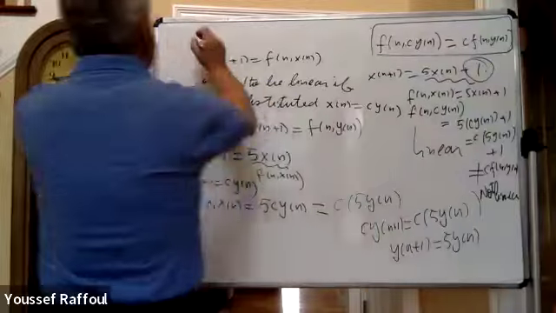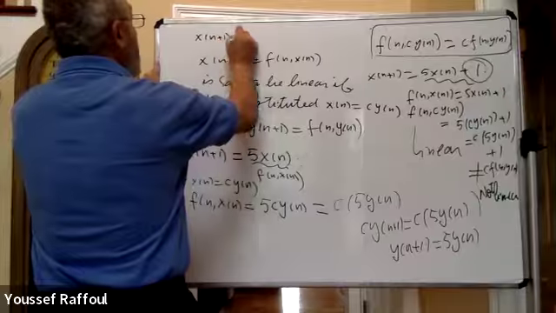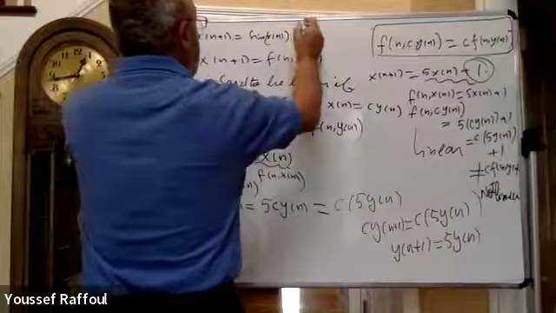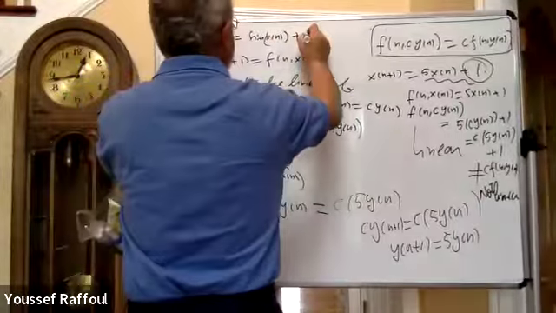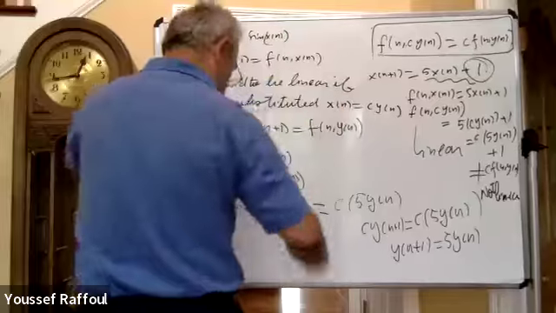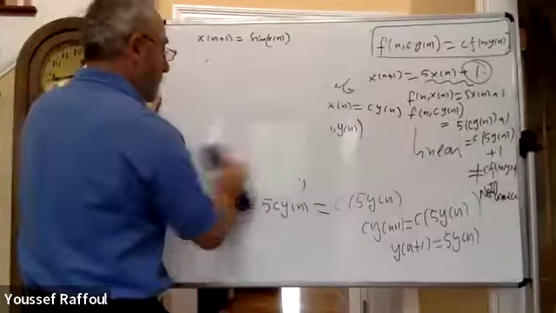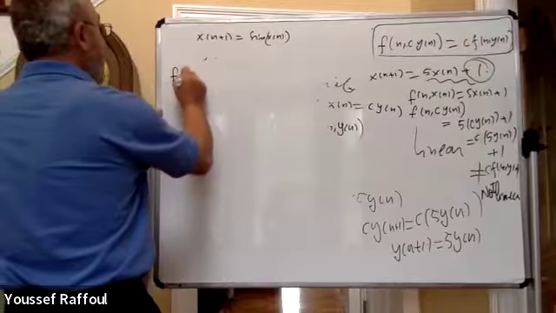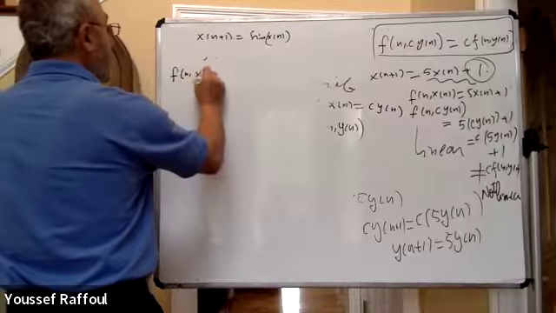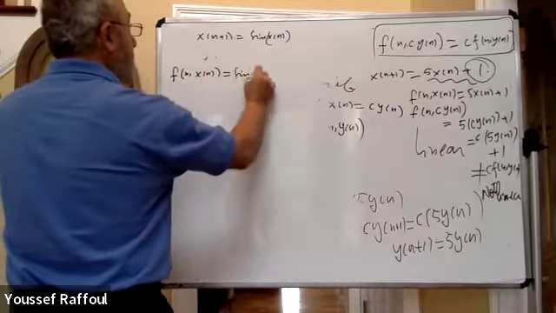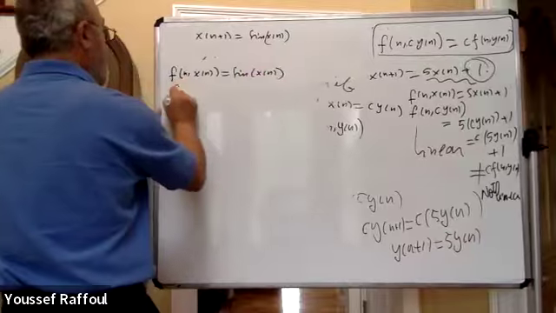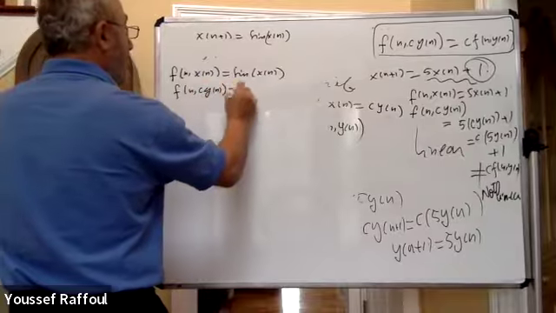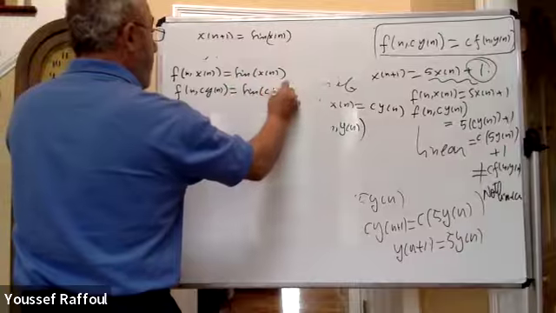Another thing, if I have x_{n+1} equals sine of x_n, so we have f_n(x_n) equals sine x_n, and so f_n(c y_n) equals sine of c y_n.